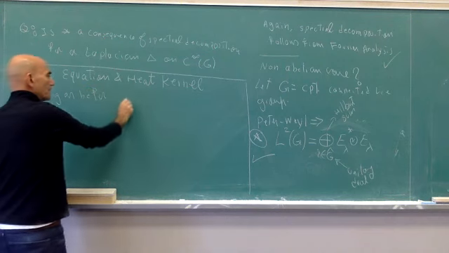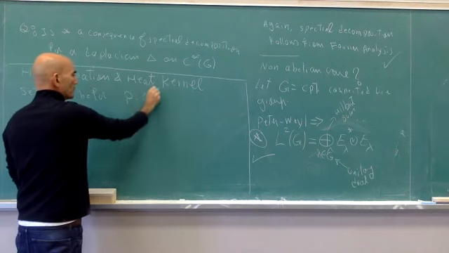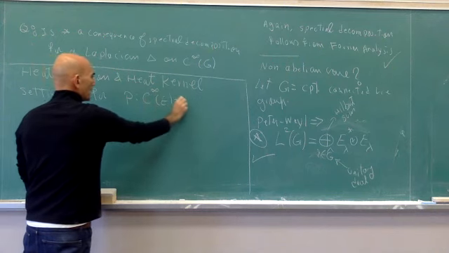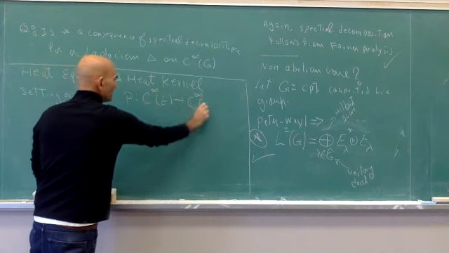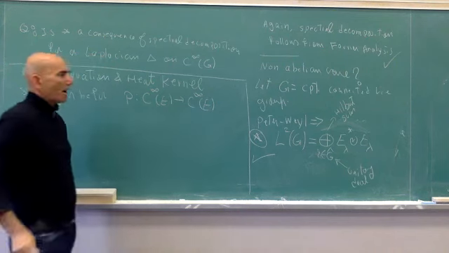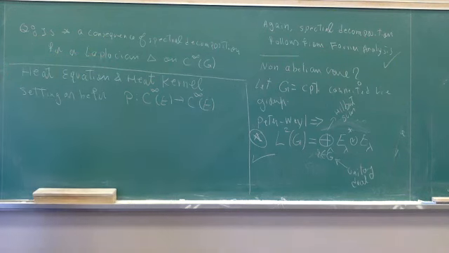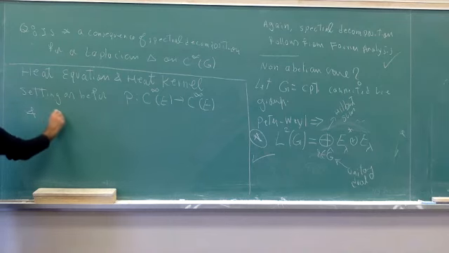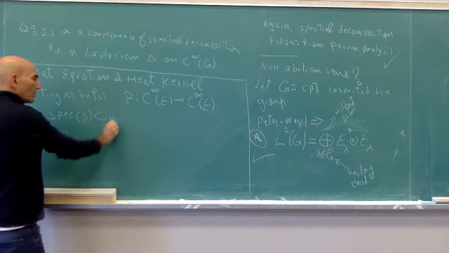So we have this P from C infinity of E to C infinity of E, except that now I'm assuming that this P is self-adjoint and non-negative. So the spectrum is bigger than or equal to 0, and the spectrum of P is inside R plus.